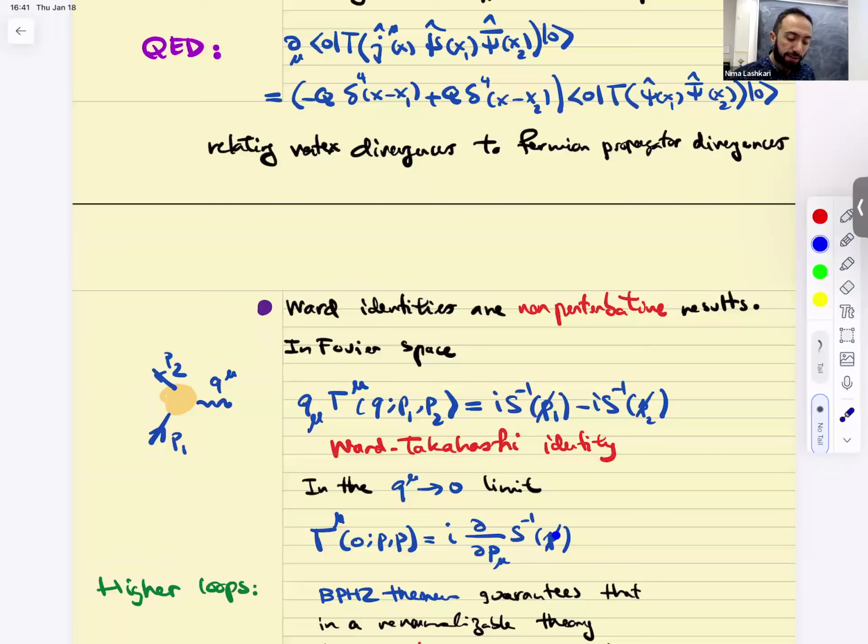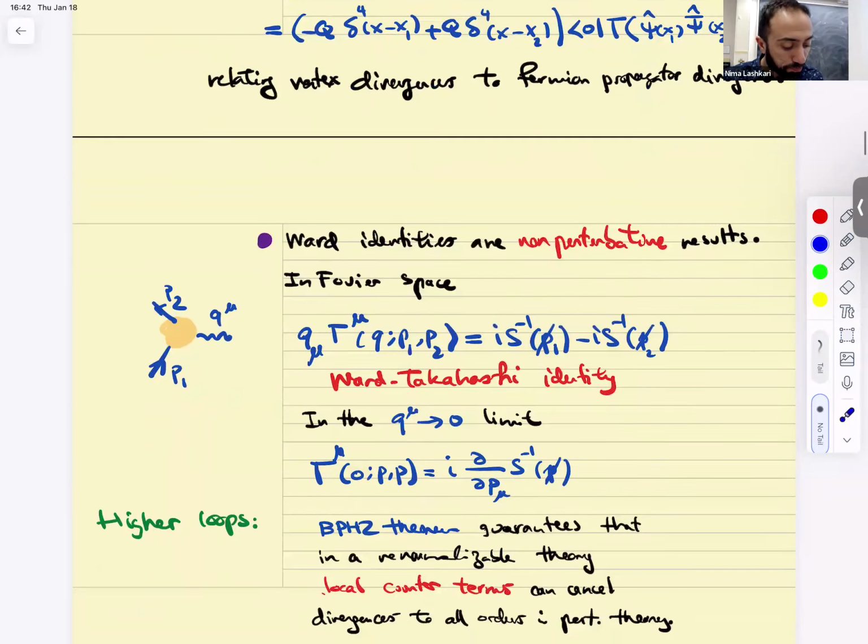And of course, because this is p-slash, this derivative is proportional to γ^μ, and that should ring a bell. So in the classical limit, at tree level, that is the zeroth-order contribution. Then we concluded that Ward identities in QED at tree level are just energy conservation. It's guaranteed by energy conservation.